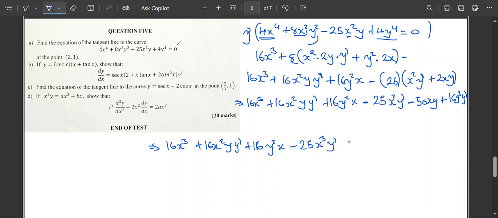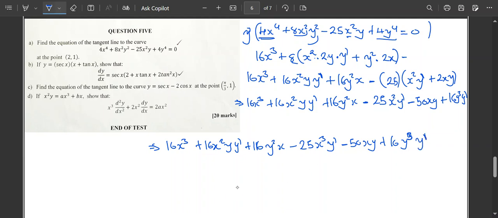Okay, then minus 50 xy plus, all right, then plus 16 y to the power 3, then y prime there.